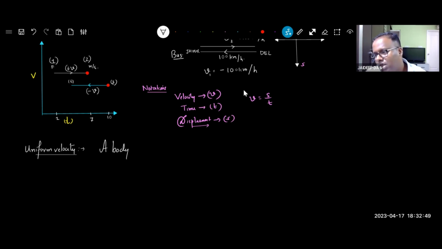A body is said to travel or said to move with uniform velocity. Okay. Now, up till here will be common.